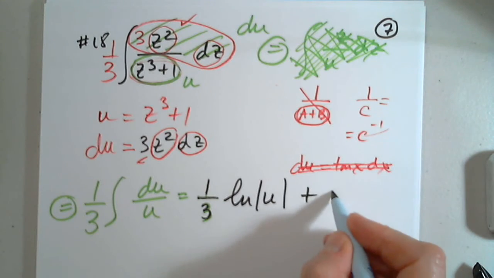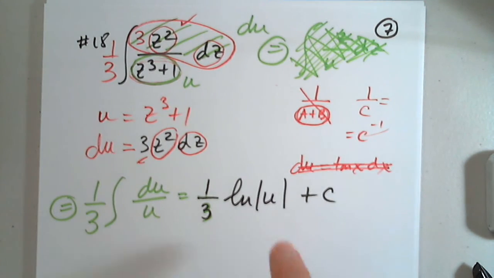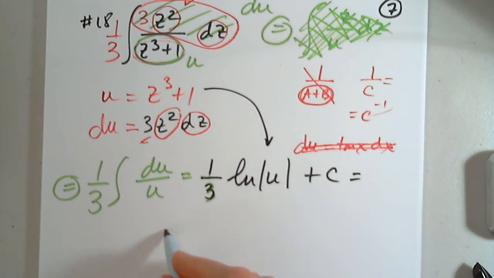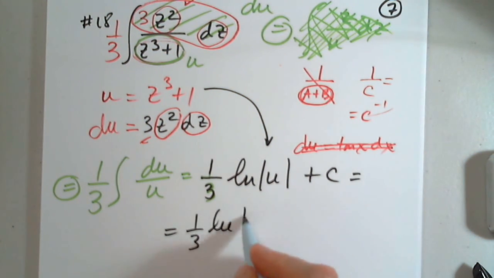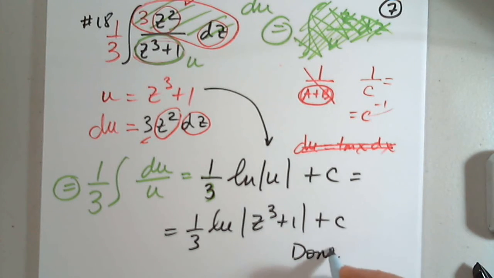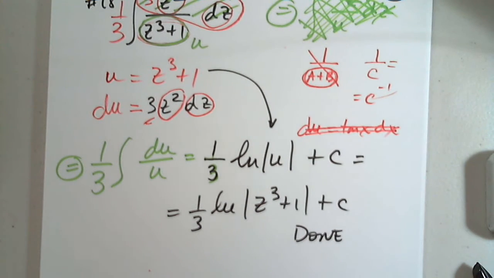Excellent. Plus a constant c. Don't forget the absolute value. Now I have no choice. I have to go back and put my function back in. Done. That's it. Well done. See what we can do together.